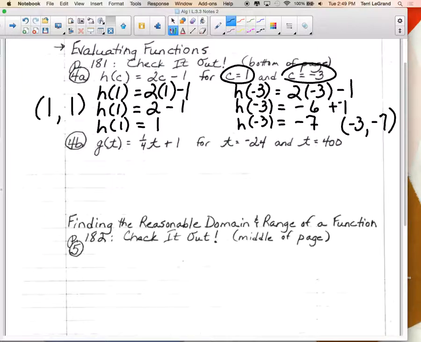What's our function's name? G. What's the independent variable? T. What's the function rule? 1/4 t plus 1. What's the dependent variable? G of t. So we're supposed to do it first when t is equal to -24. So we're going to find function g evaluated with the input value of -24.